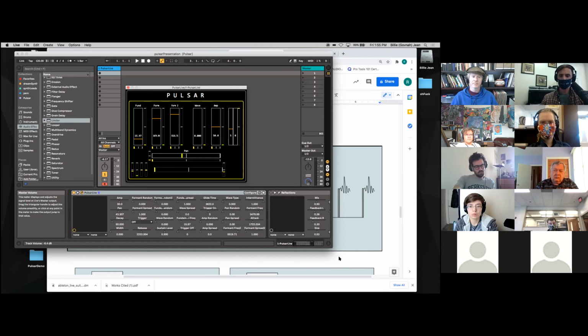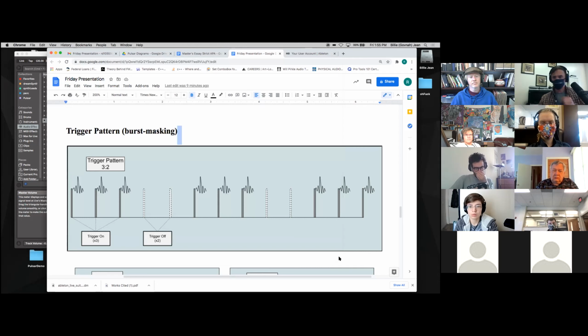All right, the trigger patterns, as I call them, or burst masking, are on-off patterns, really. But think about that, because we're dealing with time scale so much in pulsar synthesis, it could either be a rhythmic thing, like in the sense of a form.